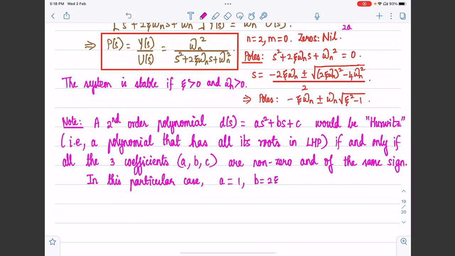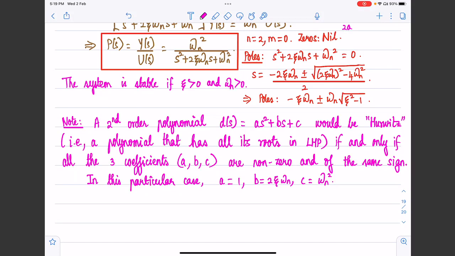B is 2 zeta omega n, and C is omega n squared. Omega n squared is going to be positive, since you take a square of a real number, you will always get a positive number as long as the real number is non-zero. So A is plus 1, C is also positive. So B should be positive for the two poles to be in the left half of the complex plane. If I want B to be positive, zeta omega n should be positive. So that can mean two things.